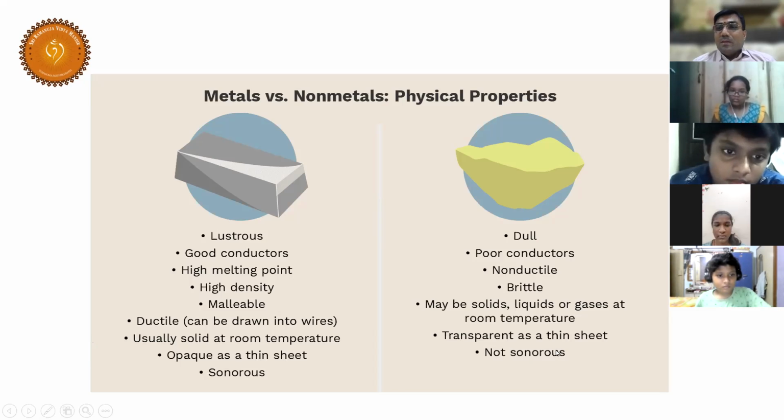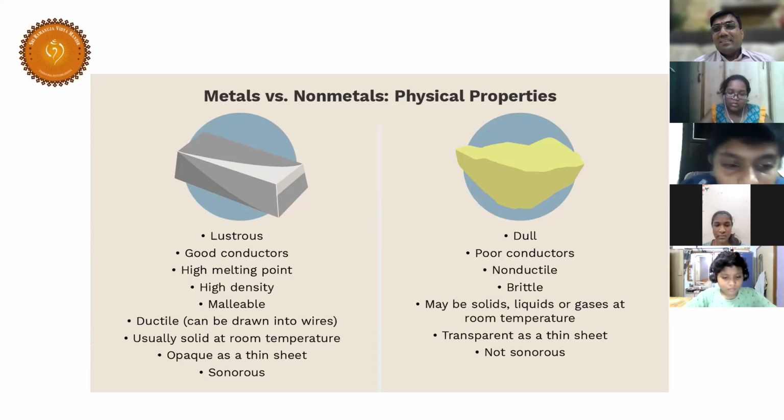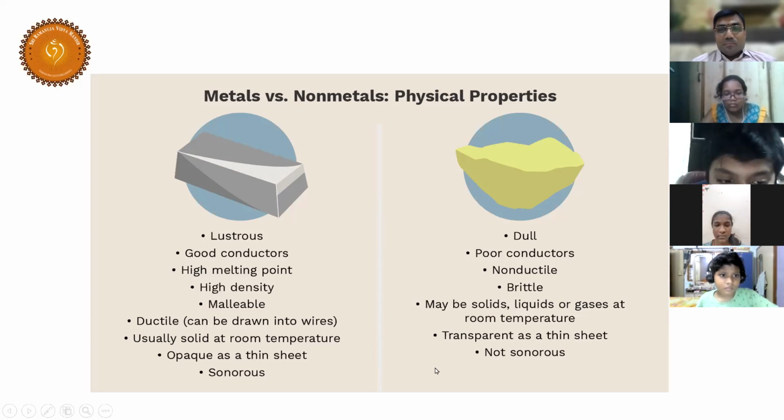Vijay Sandeep, could you tell me what is the meaning of malleability and ductility? Malleability means they can be beaten into thin sheets and drawn into any shapes, sir. Whereas ductility means they can be drawn into wires. Excellent. Very good. Next.